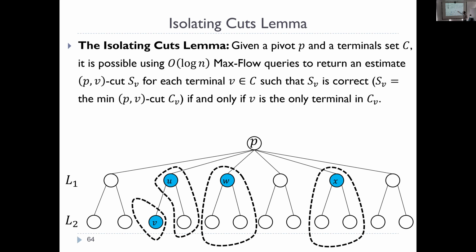Given this Gomory-Hu tree, you have the cut between P and U. You can find it: it is U, V, and that node. This is the cut. You have 3 nodes on one side and the rest of the nodes on the other side. So the side of U in the PU cut has 2 terminals, so the condition doesn't hold. The condition requires that you only have 1 terminal on U's side of the cut.